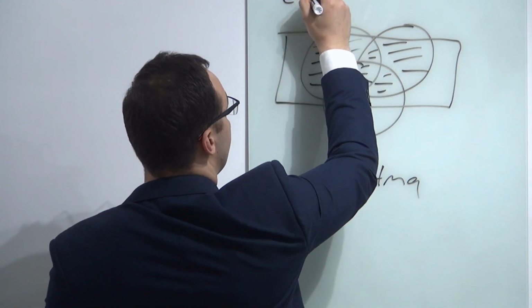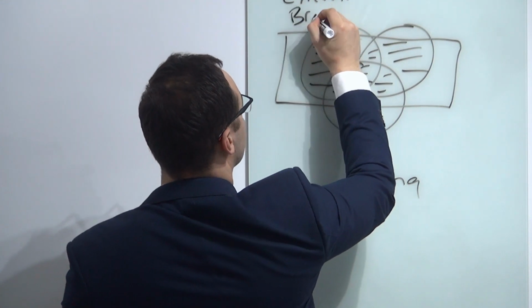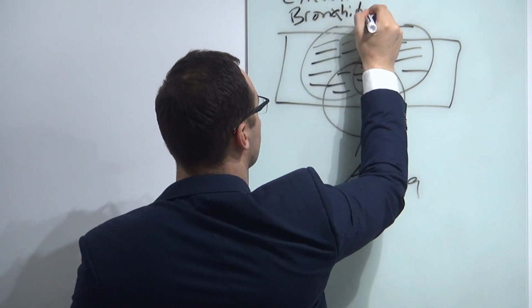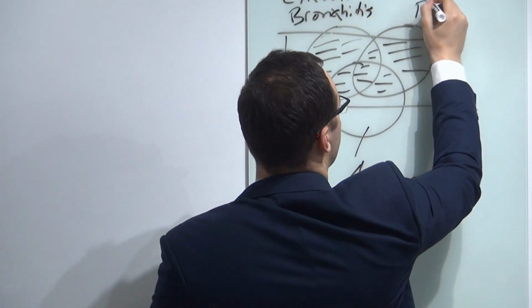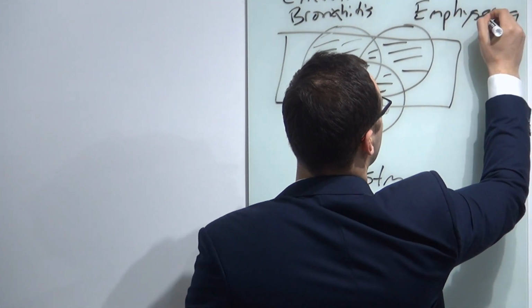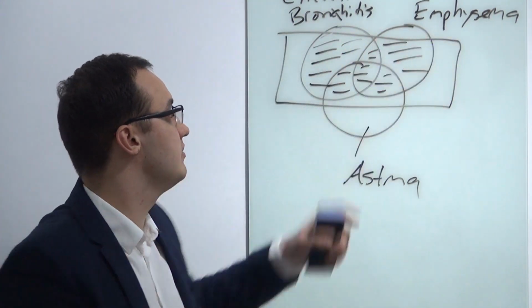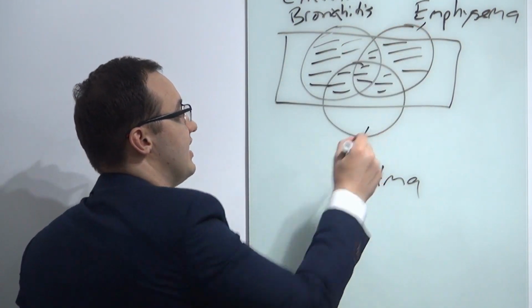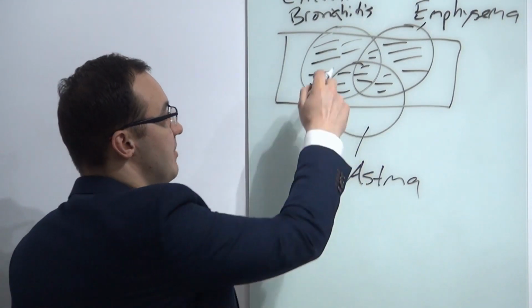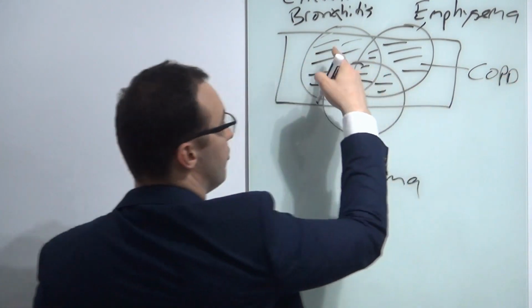This part is chronic bronchitis. And this is emphysema. So we have chronic bronchitis, emphysema, and asthma. What do we have in the middle? In the middle we have COPD. That is marked here in between.